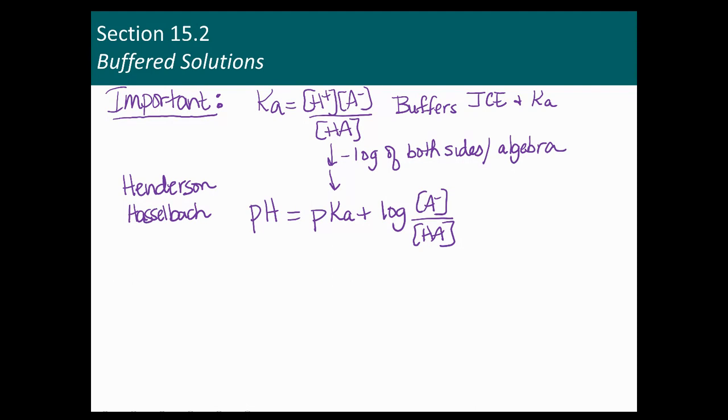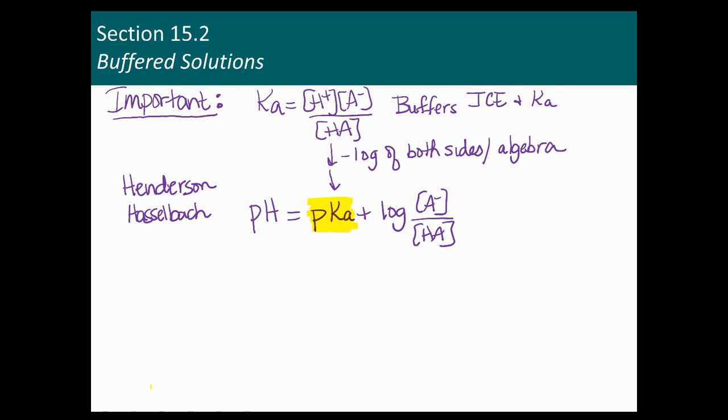Because what it's really telling us is that the pH of our buffer is going to hover around the pKa. So buffer systems will work when it's around the pKa. We're going to come back to this at the end. Okay, but we're going to quantify that a little bit more.